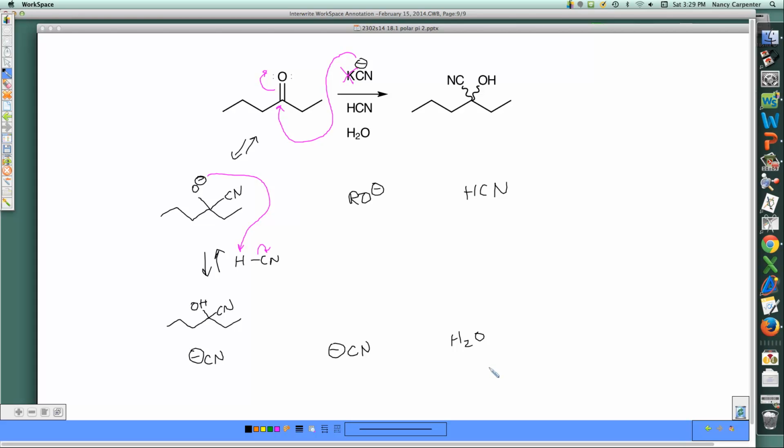And the weaker acid-base pair is formed as usual. Check the pKa values. So that's just one example of how you're going to run through the mechanism. You're just going to think about what your conjugate acids and conjugate bases are. It would never be a bad idea to review the acid-base chapter, because you're going to be doing a lot of proton transfer in this chapter and the rest of the semester.